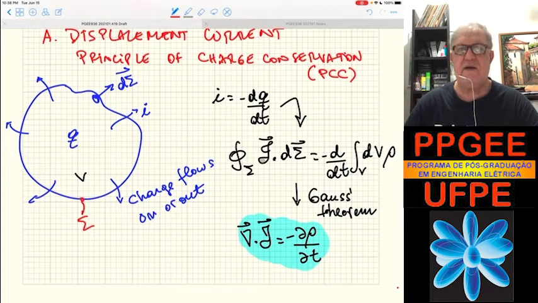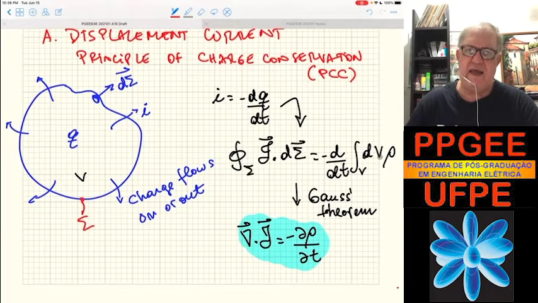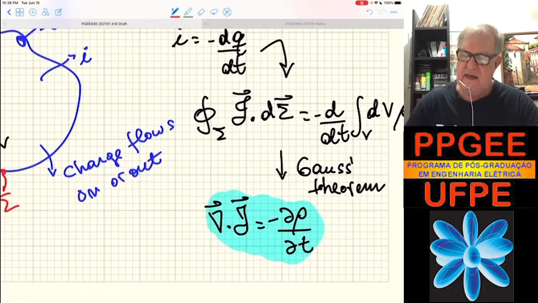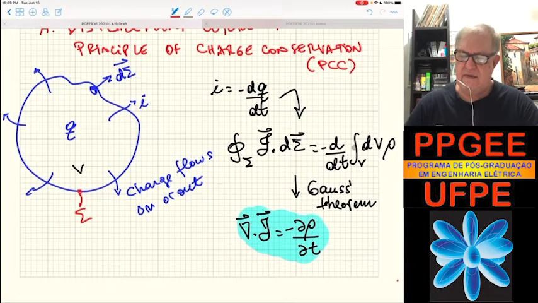The flux of J through the surface outwards equals minus the total derivative of the charge, which is the integral of rho dV. If we use Gauss's theorem, something that we have done already a number of times, to transform this into a volume integral, then we use a differential volume to demonstrate that we have this continuity equation. That's something we spoke about in chapter 4, when we spoke about electrical conduction.